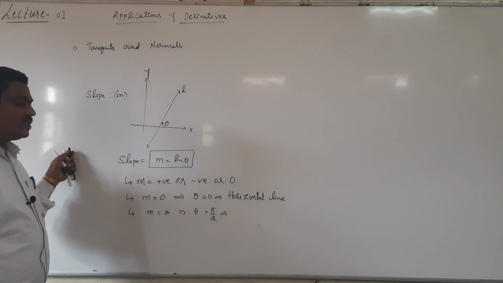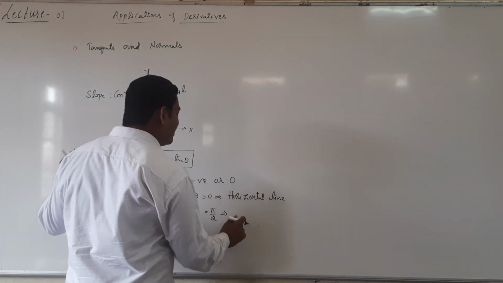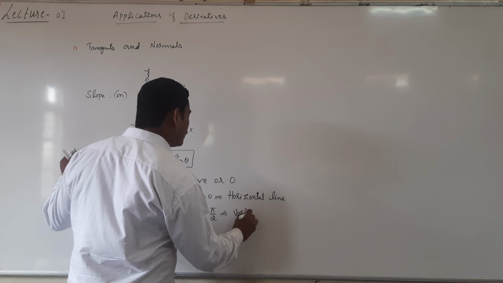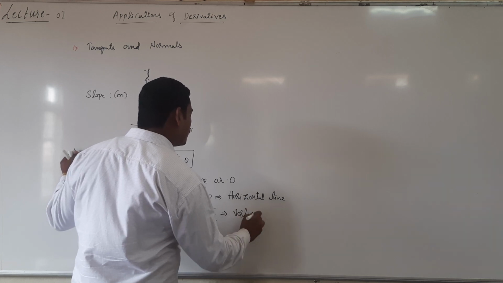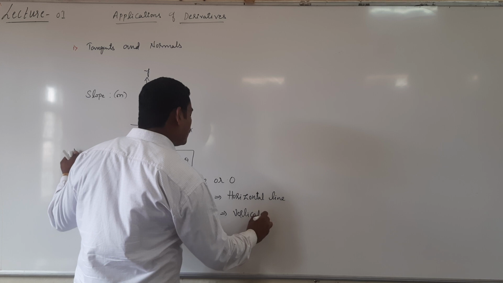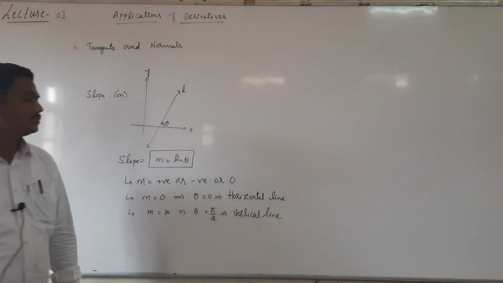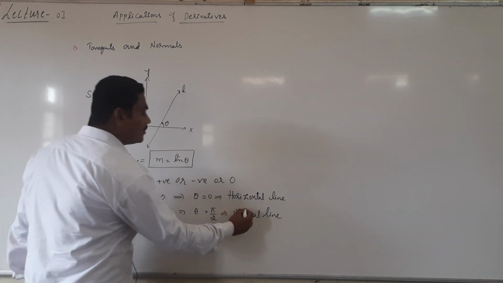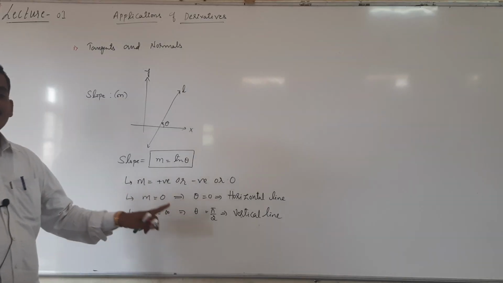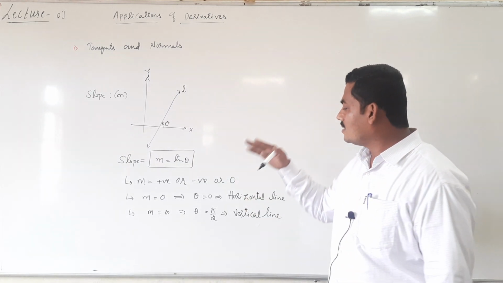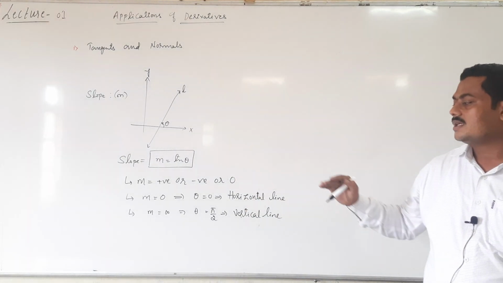Horizontal line slope 0, vertical line slope not defined. Slope not defined means clearly vertical line. Slope 0 means horizontal line, right?